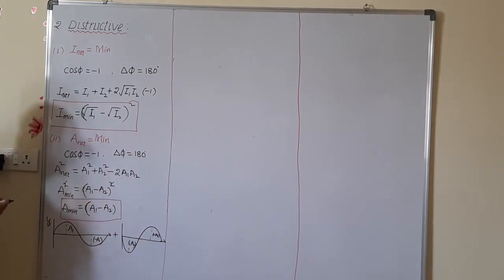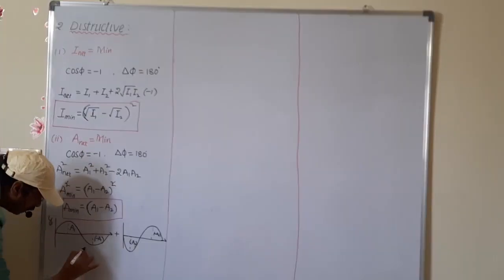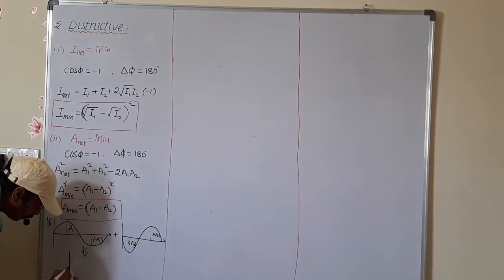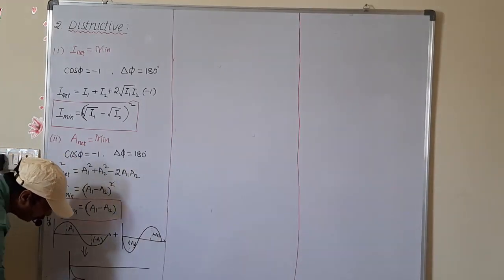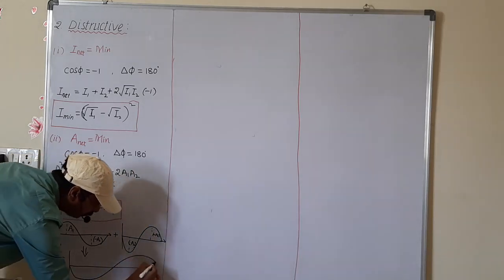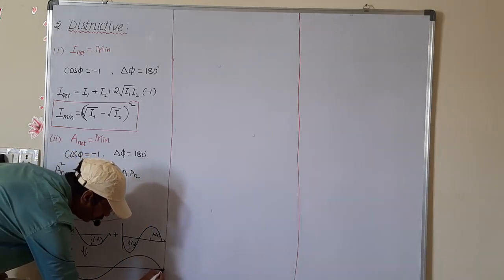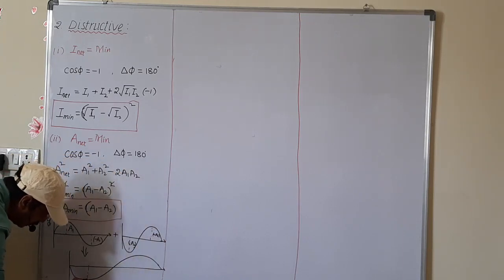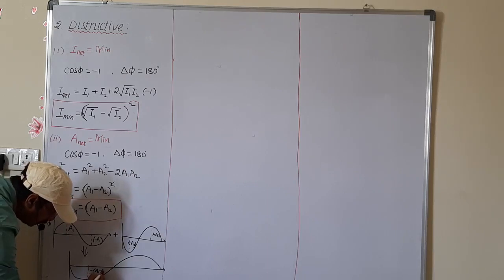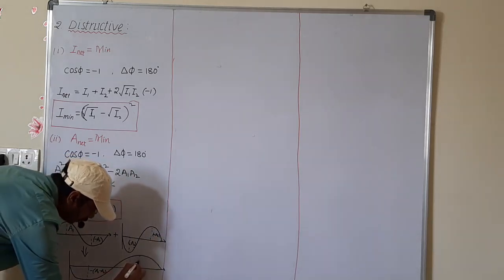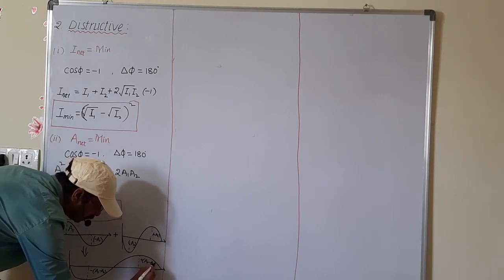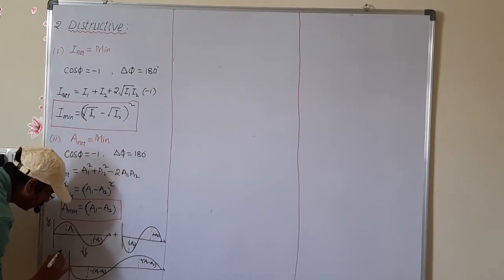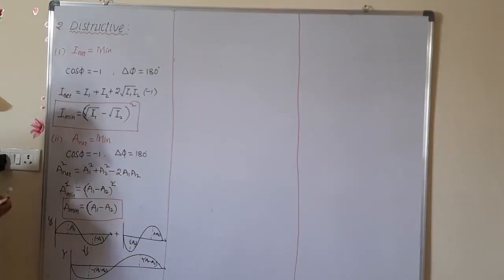These two waves are superimposed on each other and we get a new wave. The amplitude of this wave you can write as a1 minus a2. This is the superimposed equation.